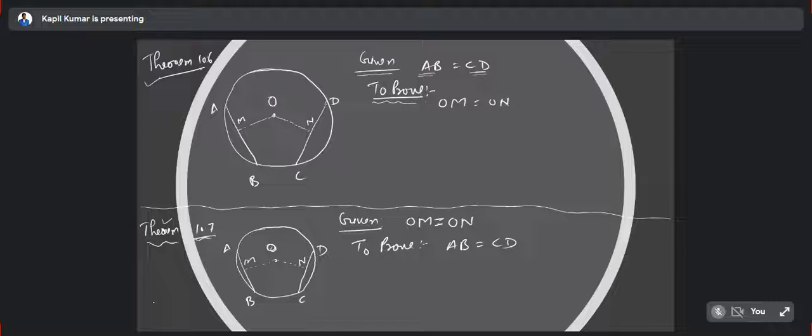So we drop a perpendicular at AB and a perpendicular at CD from point O. The point we got here is M and the point we got here is N. So the distance of AB from the center will become OM and the distance of CD from point O will become ON. So we require to prove that OM is equal to ON.